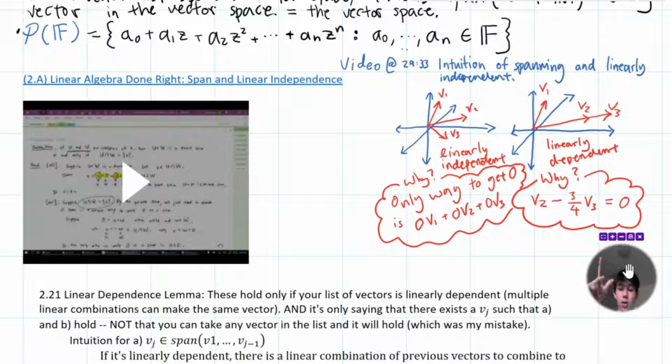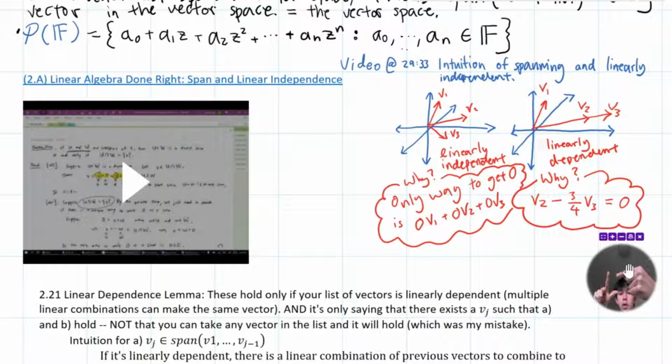I explained that with the 3 vectors, and it makes every vector in your space. But the intuition behind linear independence is you want 3 vectors where you can only make every vector in your space by combining this vector and this vector uniquely.